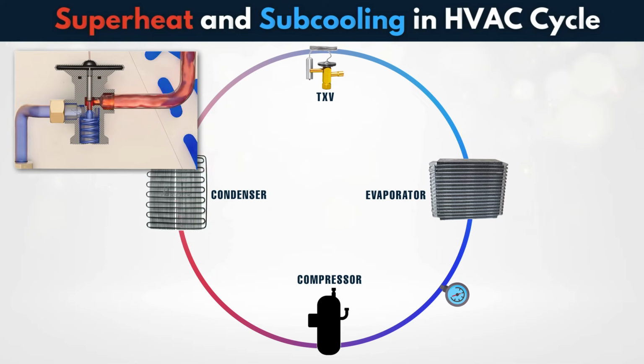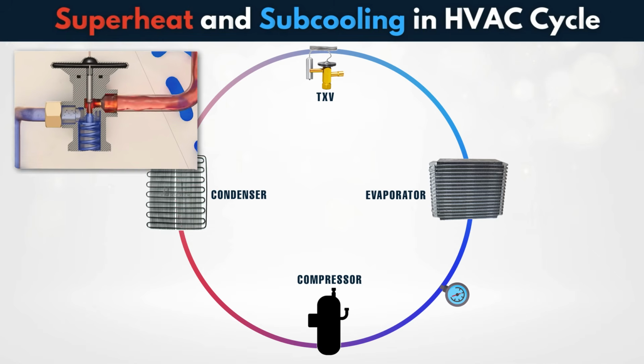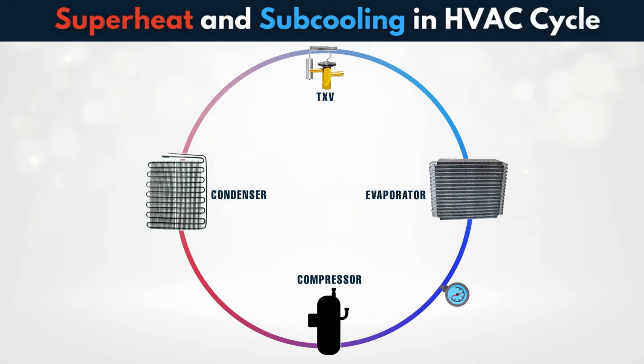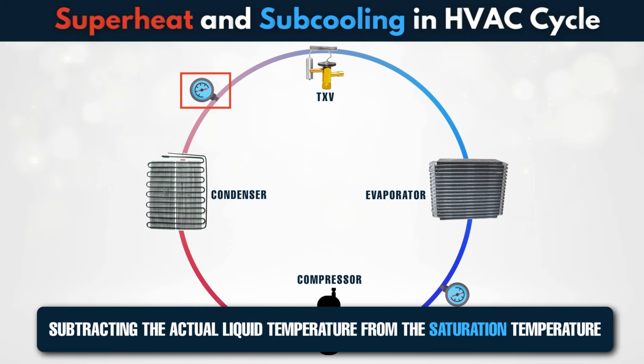Proper subcooling ensures that no vapor enters the expansion valve, cooling performance stays consistent, and the system avoids loss of efficiency caused by premature refrigerant boiling. Technicians measure subcooling by measuring the liquid line temperature at the condenser outlet, finding the saturation temperature for the refrigerant at the current condenser pressure, and subtracting the actual liquid temperature from the saturation temperature.